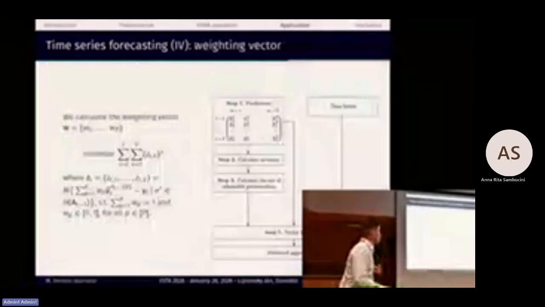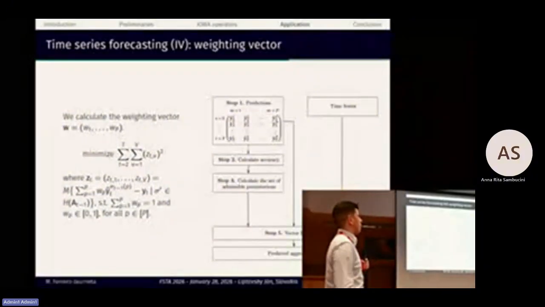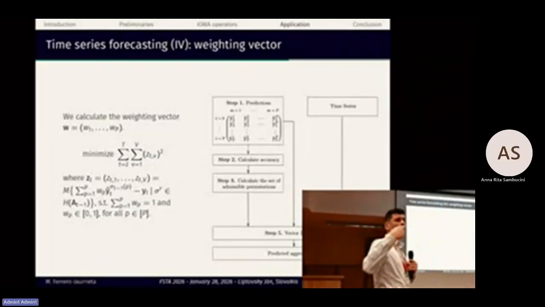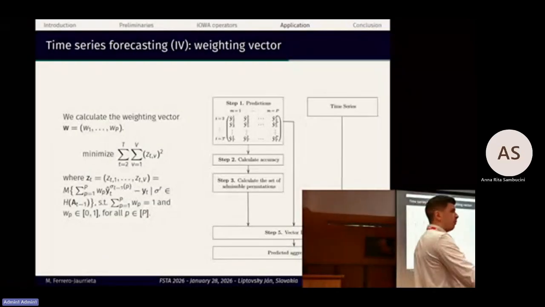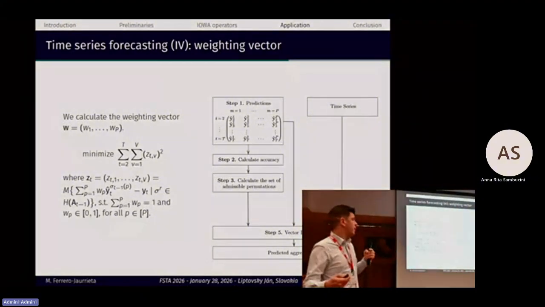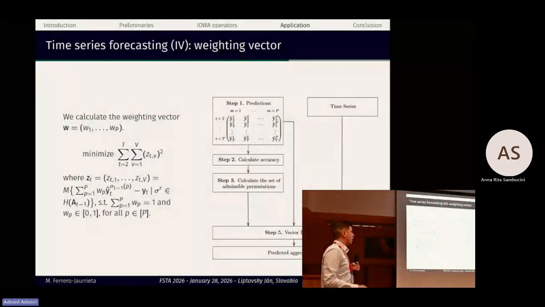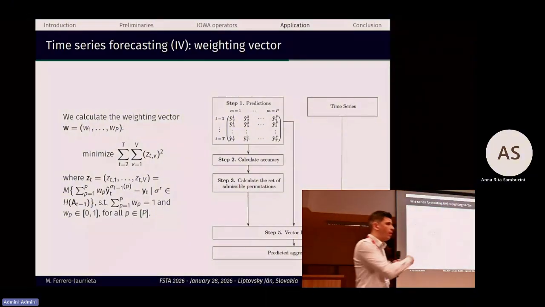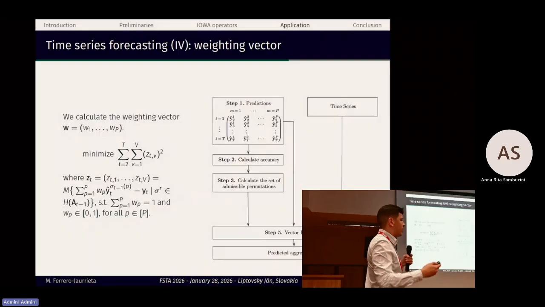Once we have also calculated the best admissible permutations, we need to calculate the weighting vector for the vector-induced OWA. In this sense, we calculate the weighting vector in a simple way, taking into account the minimization problem with an error function and with the restrictions of the IOWA operator, and we calculate it with a linear programming method.